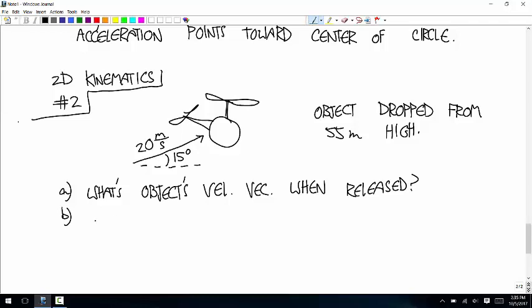How long does it take to hit the ground? How far will it travel horizontally before it hits the ground?